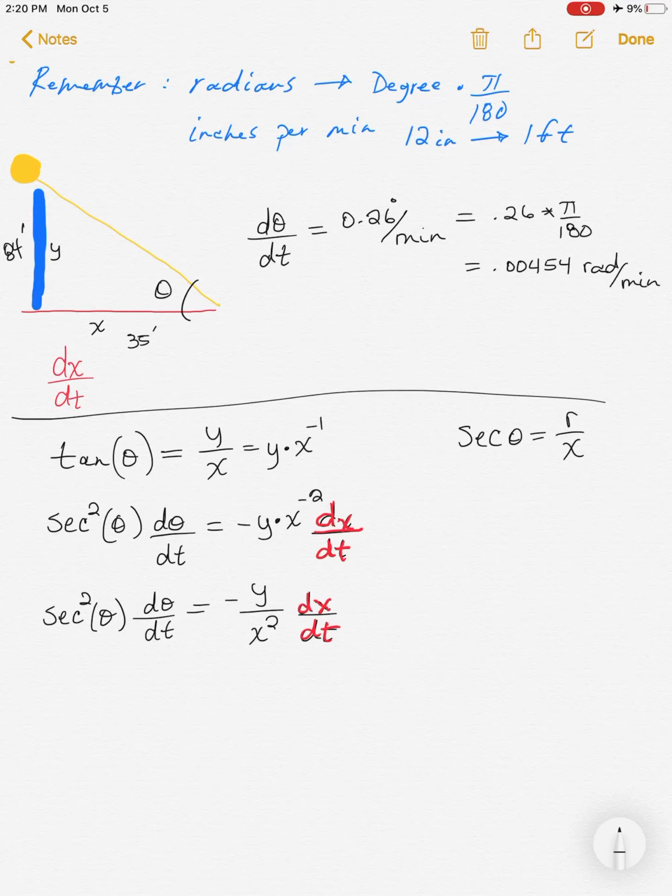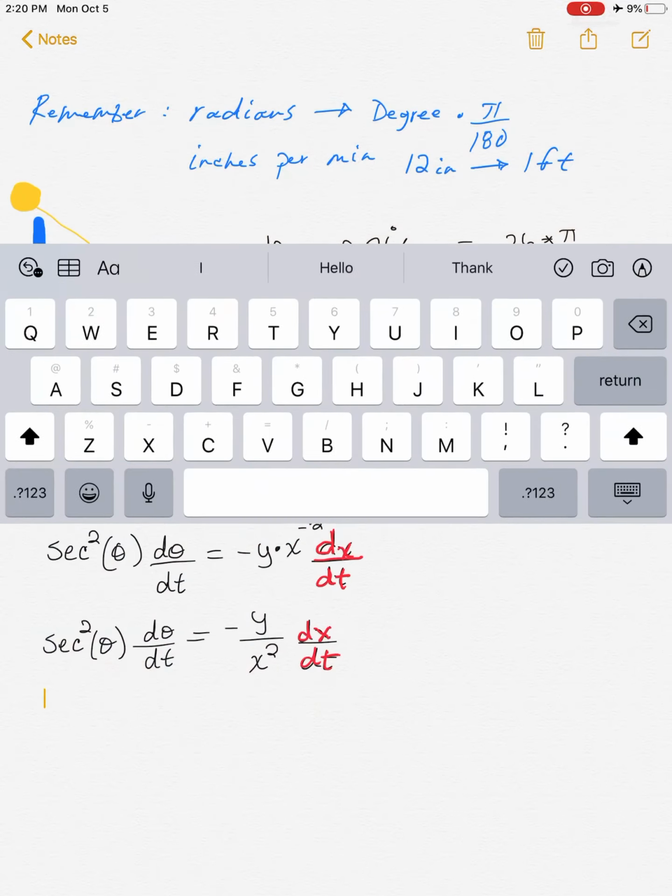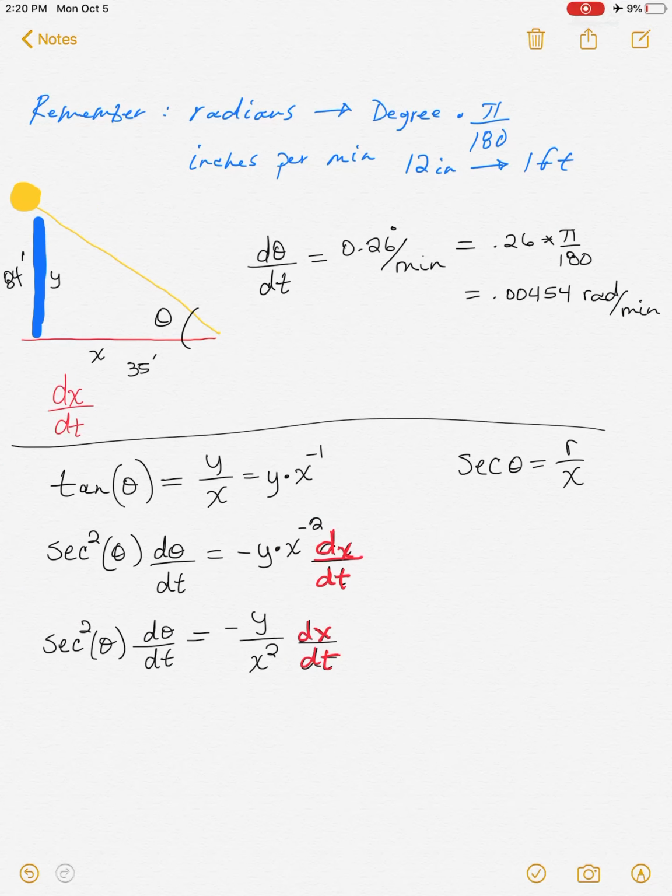And this is definitely a right triangle. And so we'll use the Pythagorean Theorem to find out what the hypotenuse is, the r, and we have 35 squared plus 84 squared equals r squared.